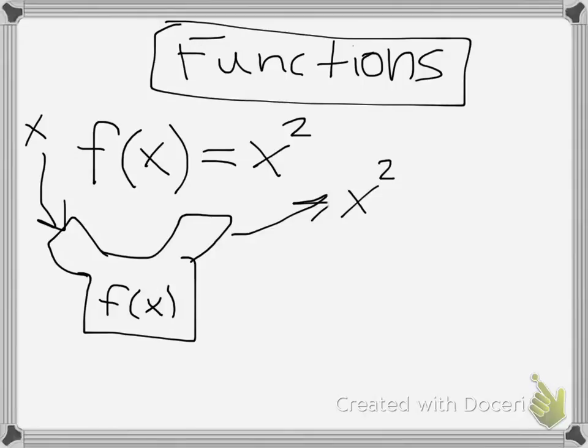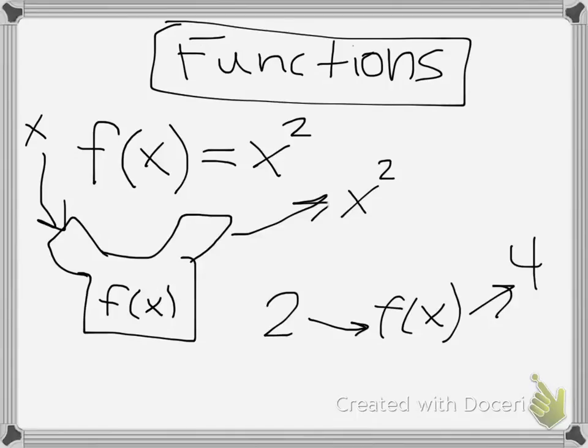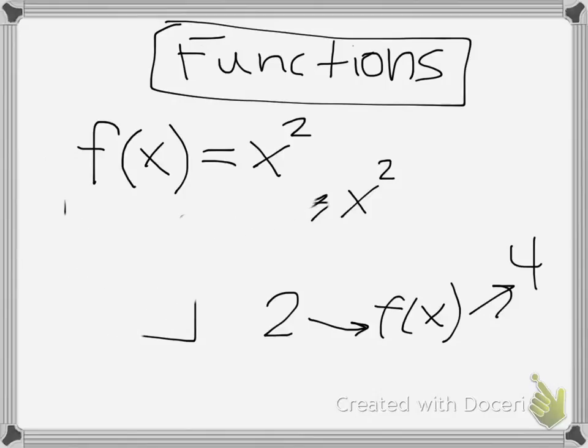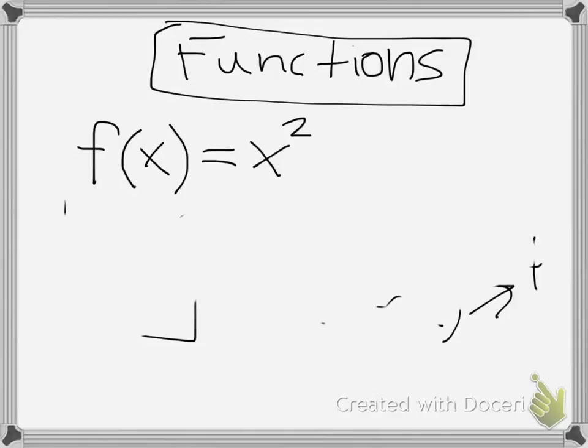So when you plug in x into f of x, you get x squared. So for example, if we plug in 2 into f of x, we get 4 because that's 2 squared. It's pretty easy to understand.